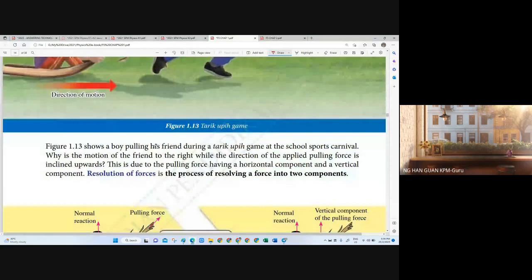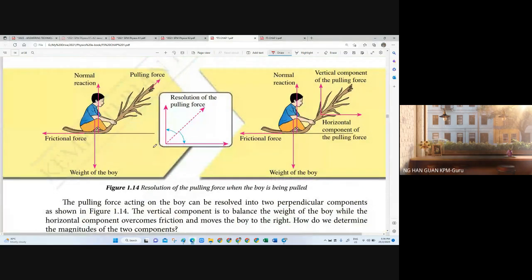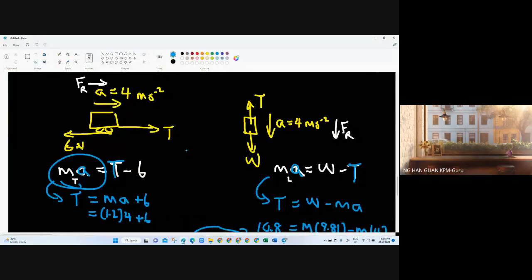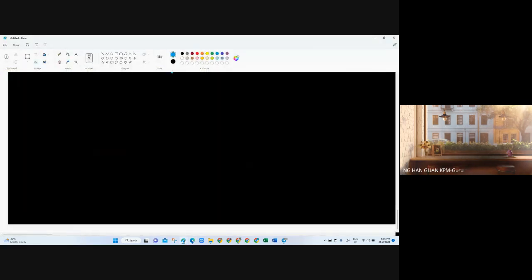Then this resolution of forces is about how you resolve a single force into two perpendicular components. This is actually the reverse of the parallelogram method. Remember just now, when you have one horizontal force and another vertical force, perpendicular.